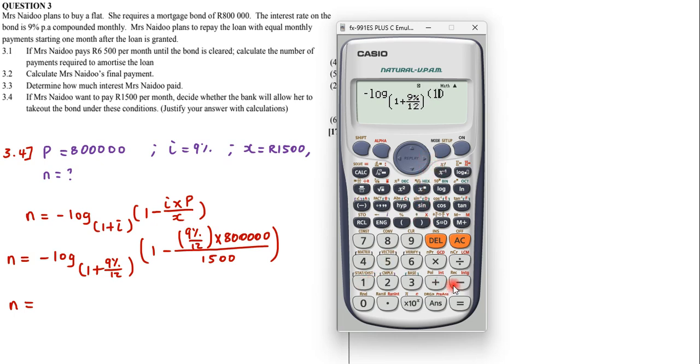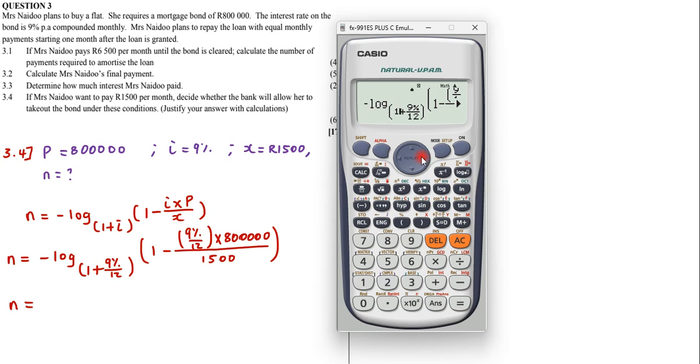So 1 minus 9% over 12 times 800,000 rand over 1,500 rand. Notice what is happening here: everything is in the formula, but when we press here, we're getting a math error. So what does this mean?